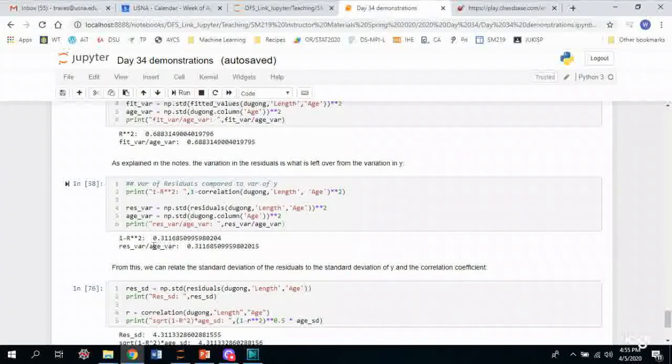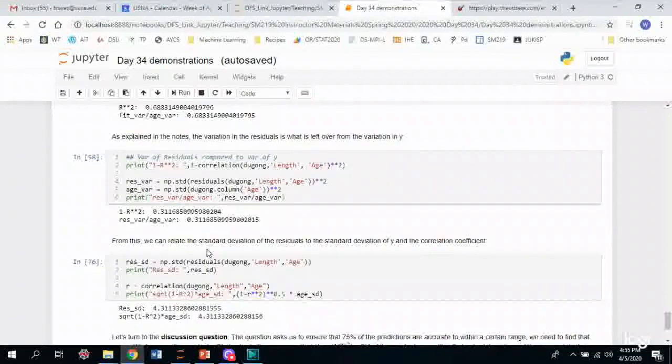This is a statement about variances, but we could take the square roots and get a statement about standard deviations. We find that the standard deviation of the residuals is the square root of 1 minus r squared times the standard deviation of the ages of the mammals.